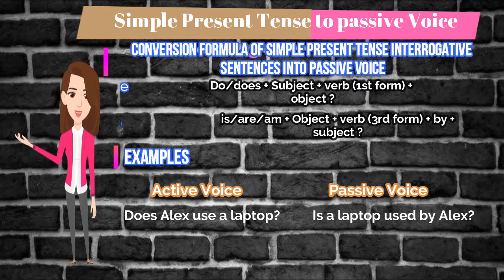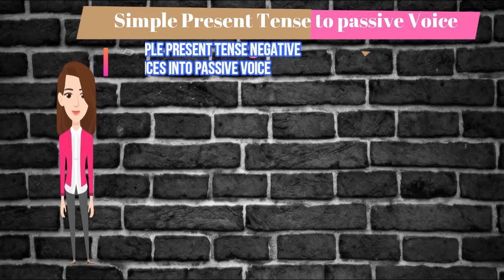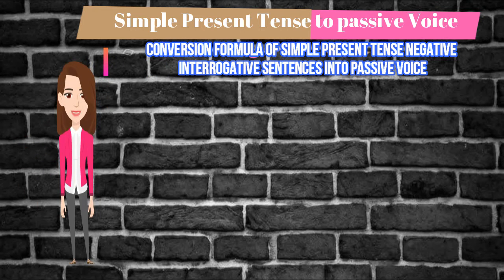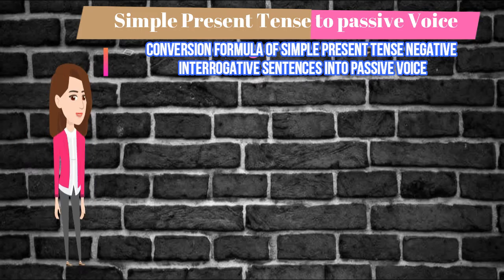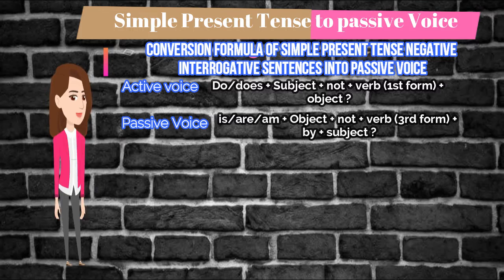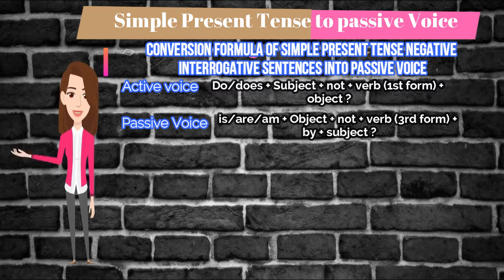Now let me explain the conversion formula of simple present tense negative interrogative sentences into passive voice. For converting negative interrogative sentences into passive voice, first convert the negative interrogative sentence to a negative sentence. In second step, convert negative sentence to a simple or positive sentence.